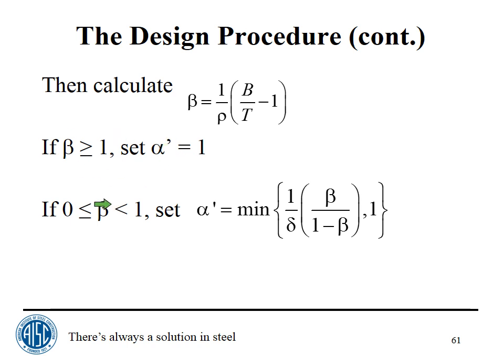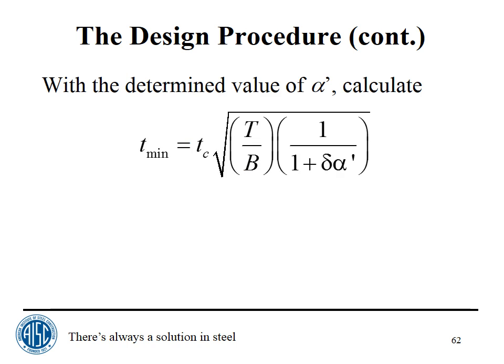And if beta is between 0 and 1, and beta can't be less than 0 in this case, the way we defined it, B has got to be greater than T, then alpha prime is equal to the lesser of 1 over delta times beta over the quantity 1 minus beta, and 1. If you want to see where these come from, go to the paper. It's basically derived in a similar way to the way I did the analysis procedure.